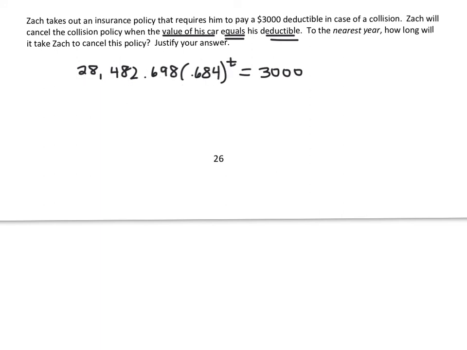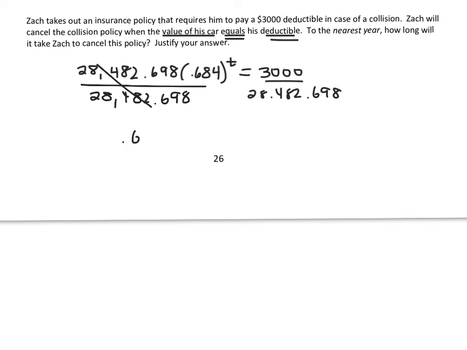So we have to get rid of the number in front of it by dividing both sides of the equation by 28,482.698. Those cancel, so on the left-hand side we're left with 0.684 to the t power. If you want to leave that in parentheses, you can, but you don't have to anymore.